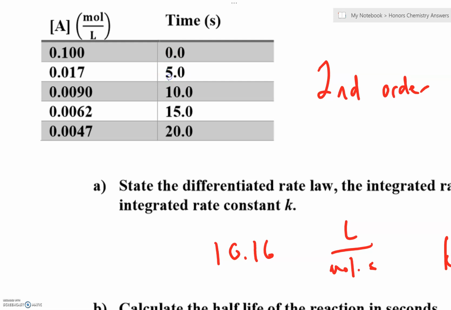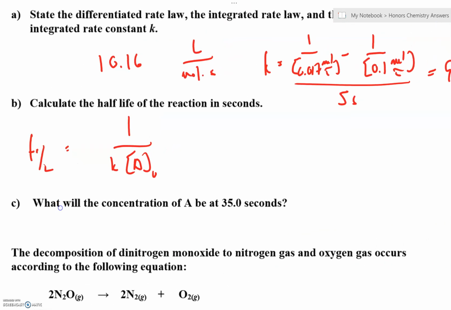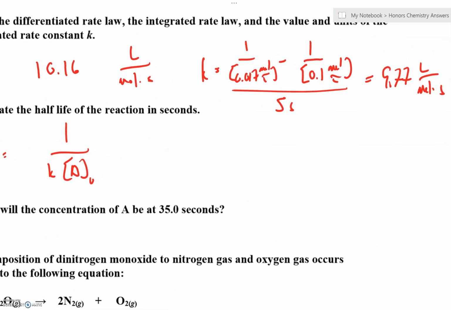I'm going to look for an answer for my half-life somewhere in between 0 and 5. Again, if you get a different rate constant, you're going to get a slightly different answer, and it doesn't matter. We'll use this one, and then if you're curious, we'll use the other one, and we'll see if we get something close. So we're going to take 1.